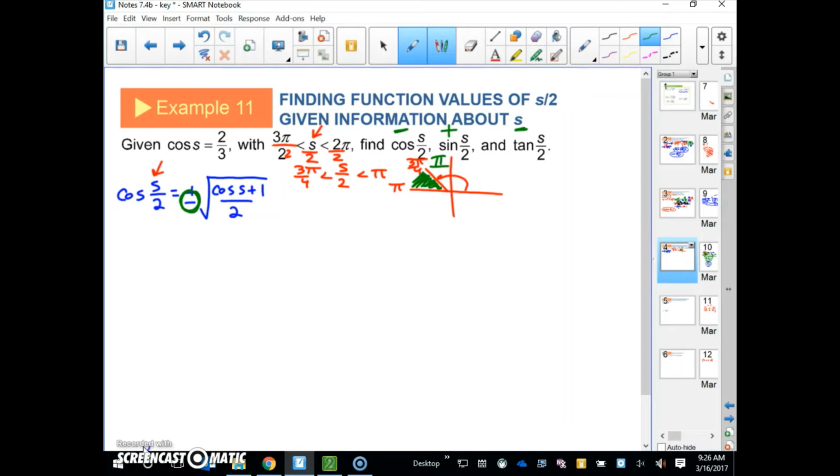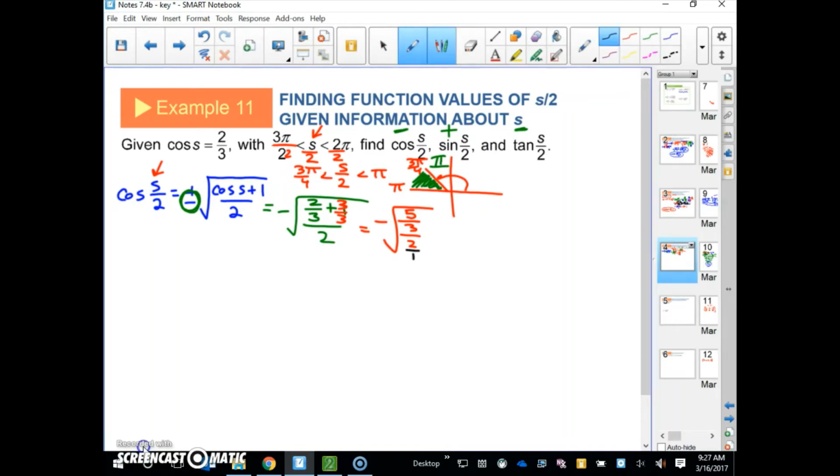Otherwise, we just start kind of rolling here. We've got negative square root of cosine s, but cosine s was given to us as 2/3. So that's square root of 2/3 plus 1 over 2. I would recommend getting a common denominator here. We're adding fractions. So we have negative square root of 2 plus 3 is 5 over 3 all over 2.